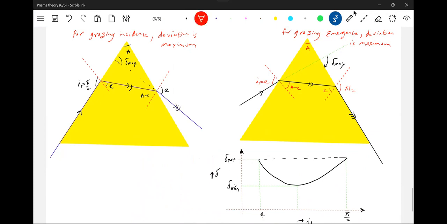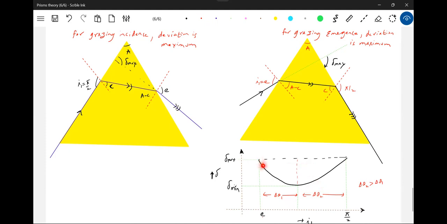You can see this part of the curve, these two are not symmetric. If you measure this angle, delta theta 2 is greater than delta theta 1. The curve is not symmetrical, so you should not show these two parts as symmetric.